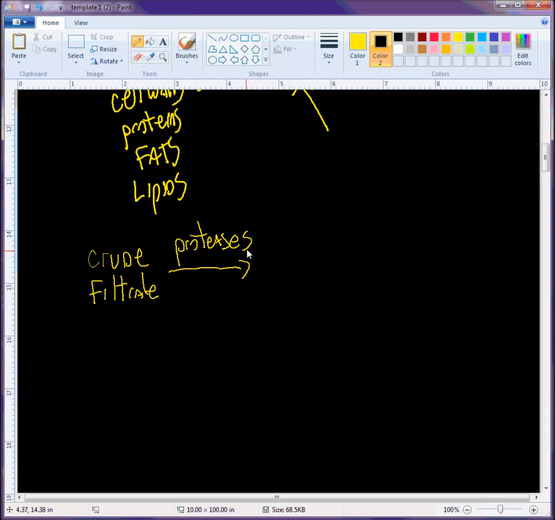And then they take this protein-less filtrate. They add this to the 2R bacteria, and what they find is they still get 3S and 2R.